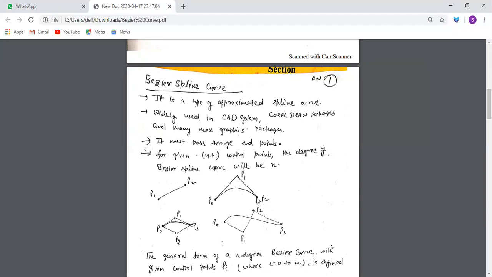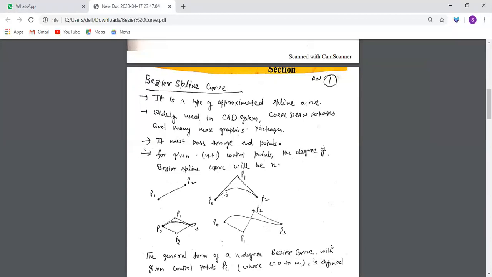There may be a few more points that lie on the Bezier curve, but since it's an approximation curve, it is not necessary that all the control points will lie on the curve, but it is mandatory that the curve will pass through the first and last control point. In this diagram also there are 3 control points: P0, P1, P2. P0 is the first control point, P2 is the last control point. So the curve is passing through P0 and P2.